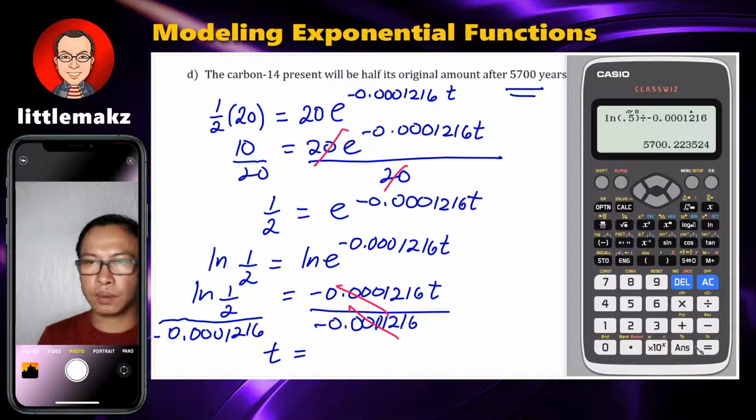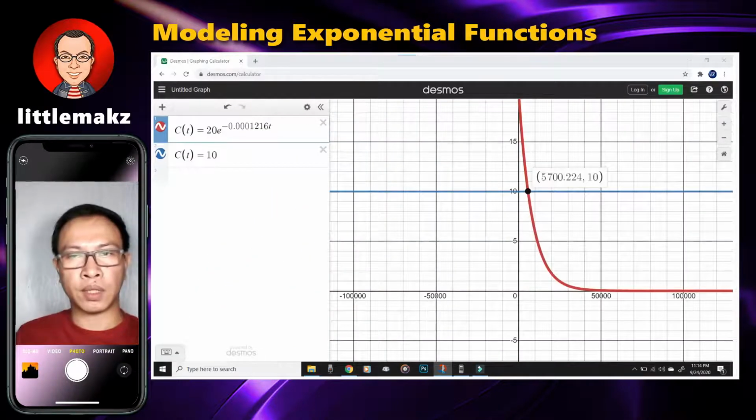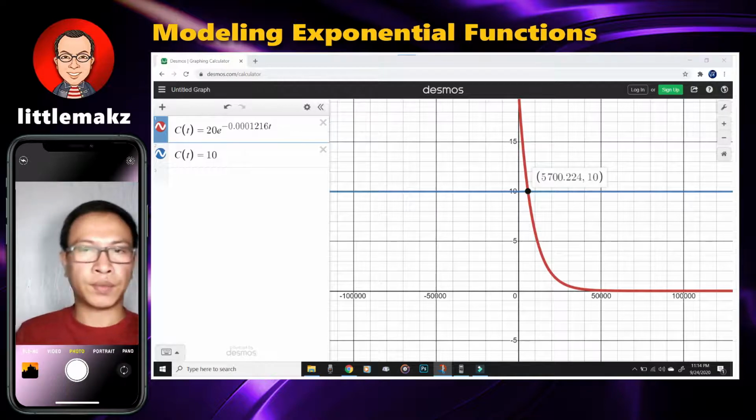What do we get? We get 5,700. And in our graph, you would be able to see that there's actually 5,700 years, approximately 5,700 years in that case.